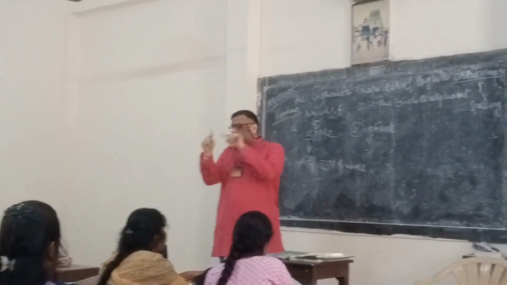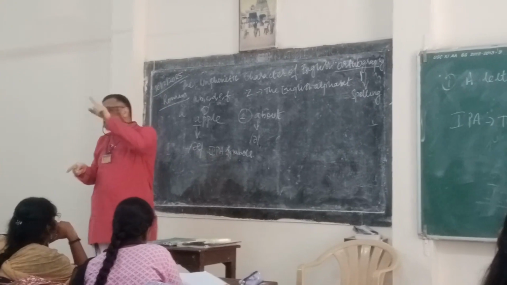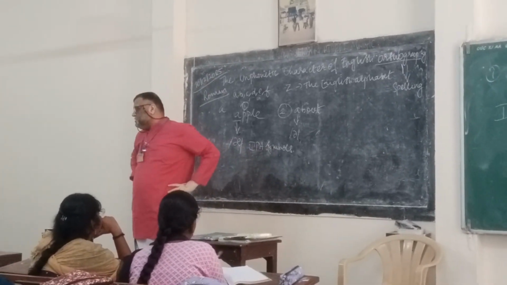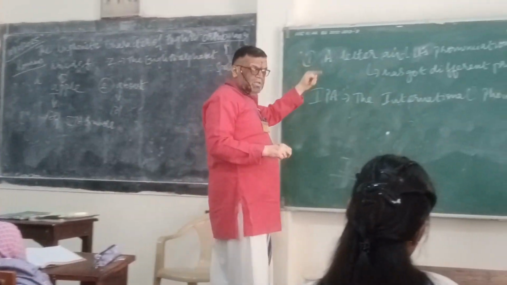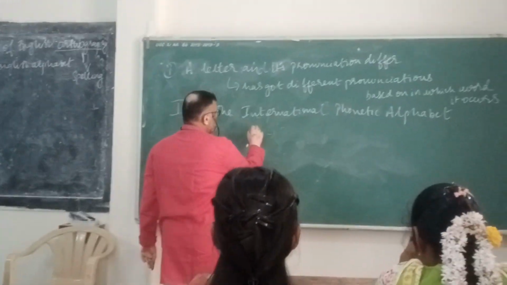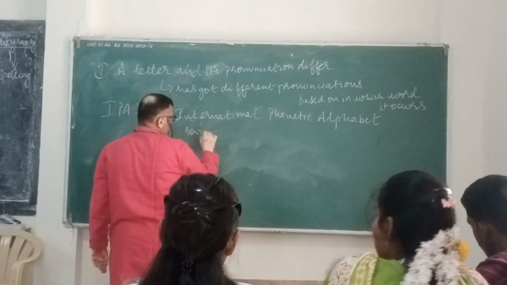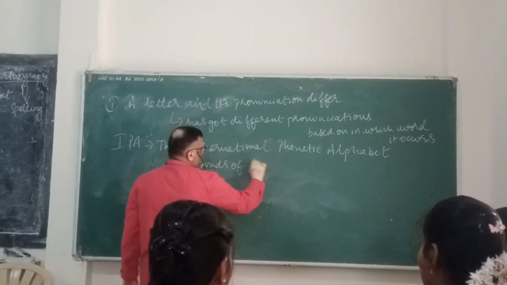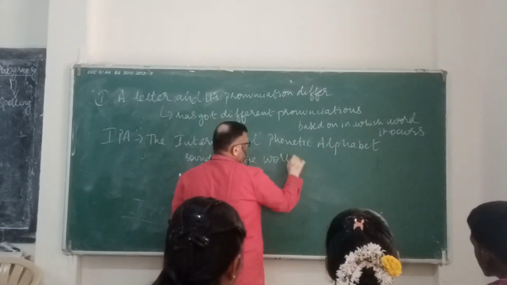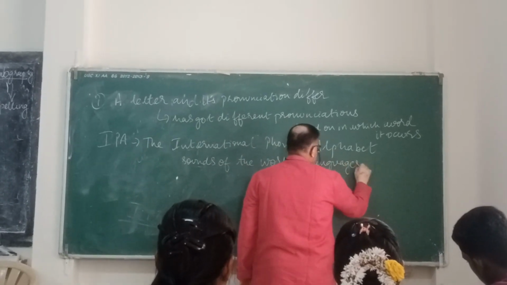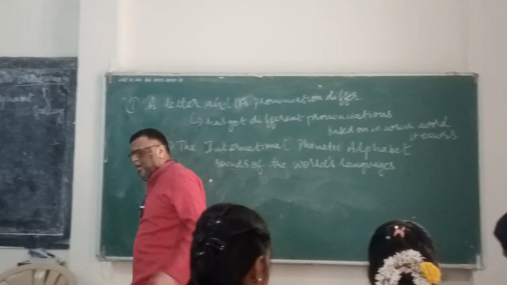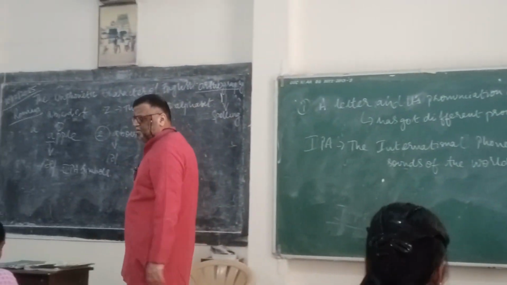Then how does a person who does not know the Tamil script understand how it sounds? So the IPA will help you there. The IPA is an alphabet to represent the pronunciation or the sounds of the world's languages. How many languages are there in the world? 6,000, not less than 6,000. You can check the UCLA website for that. I'll give you that link later.